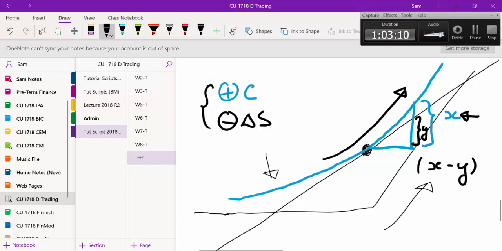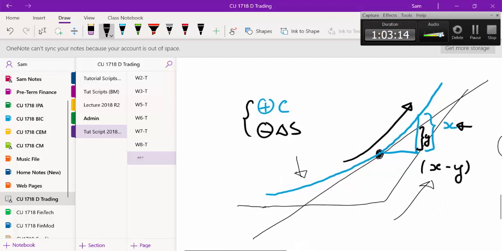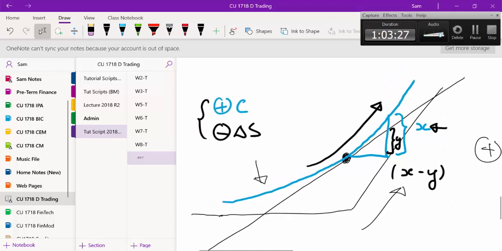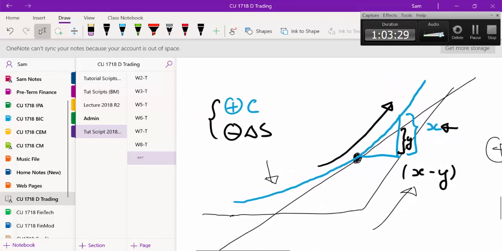Can you see that? Now, I want you guys to be comfortable. Like I said, again, there are no formulas here. There are not even numbers. I've just drawn you a graph and I have explained to you what's going on. Is everyone okay with that? If you're not, let me know.